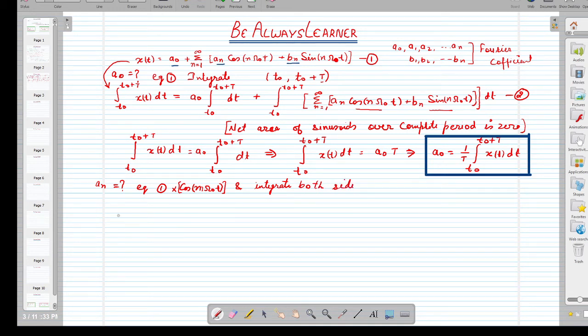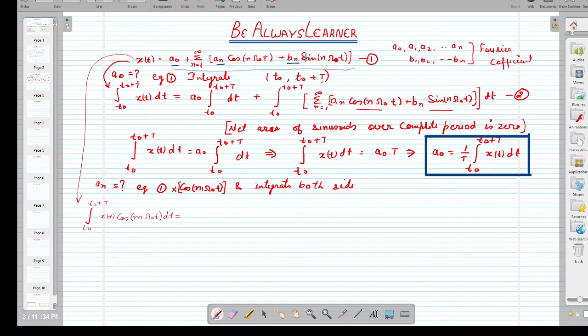Fine. So we can write the integration t naught to t naught plus capital T xt. We have to multiply this by cos m omega naught t dt, that is equal to, now the rest of the portion.